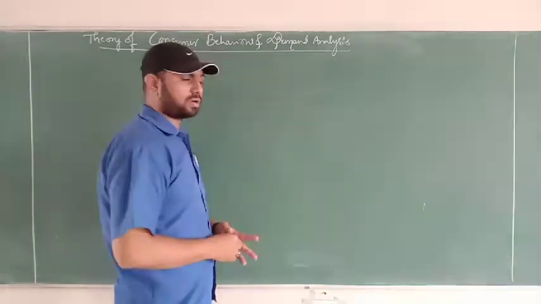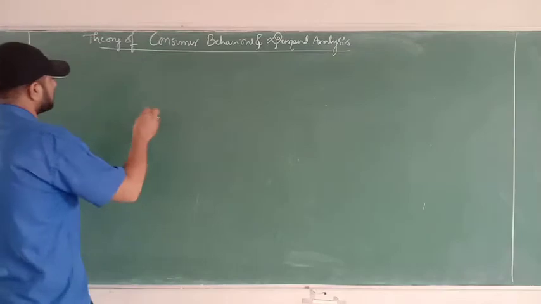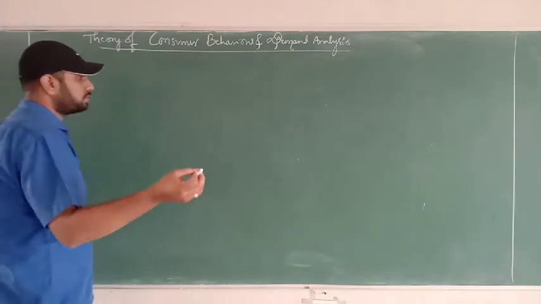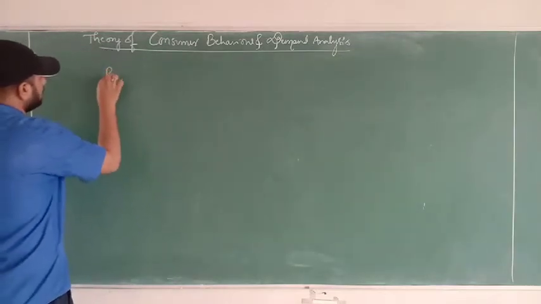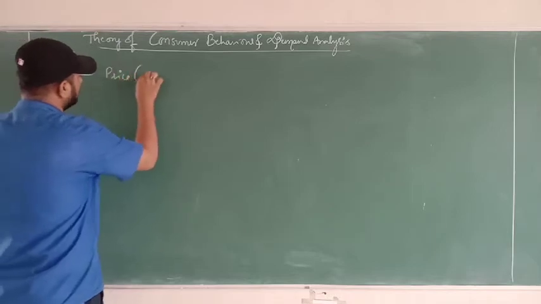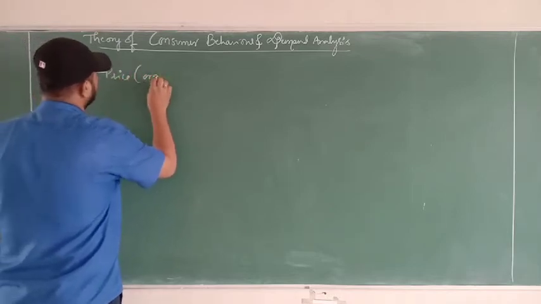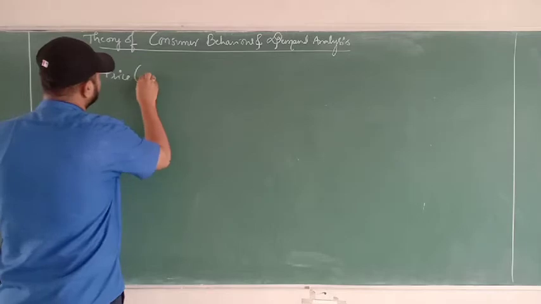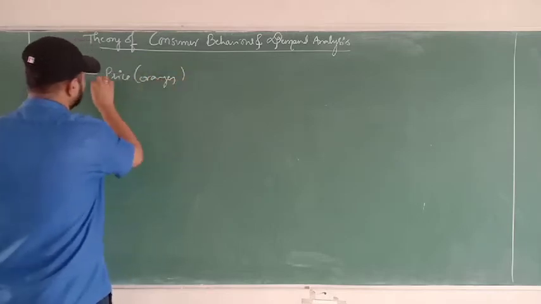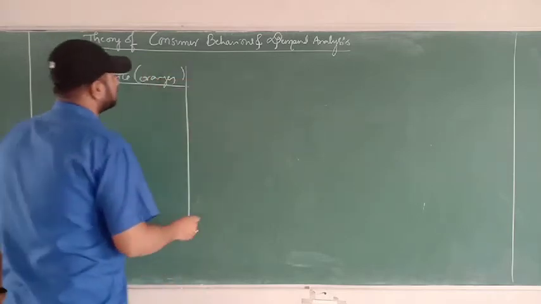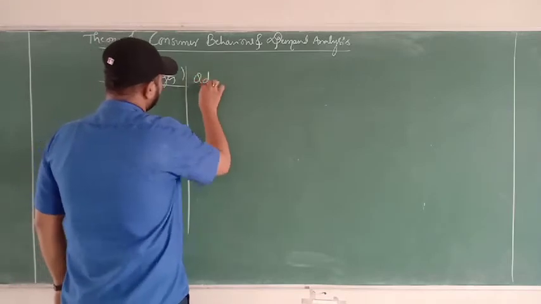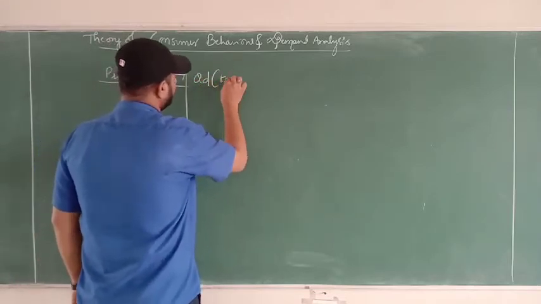In that schedule, we will come across the levels. So coming to the first one here, let's take any good like orange. Let's take price of oranges. Then the quantity demanded of it, in kilograms.